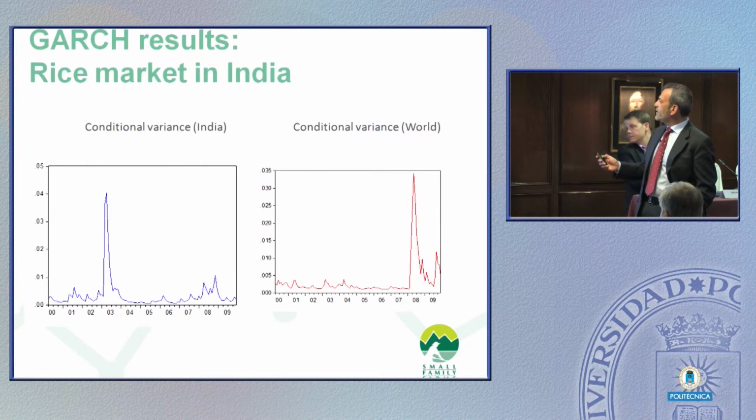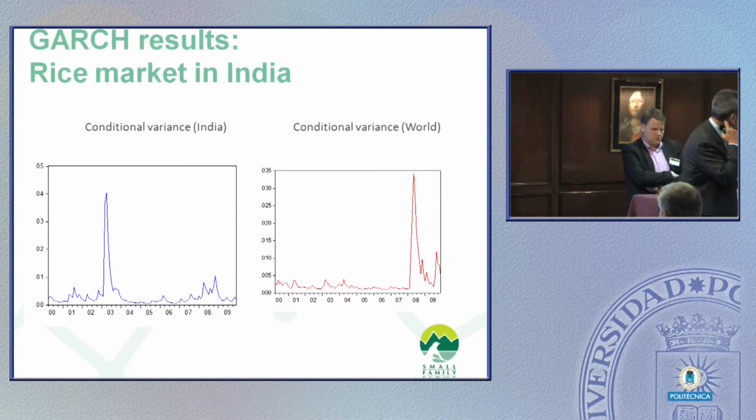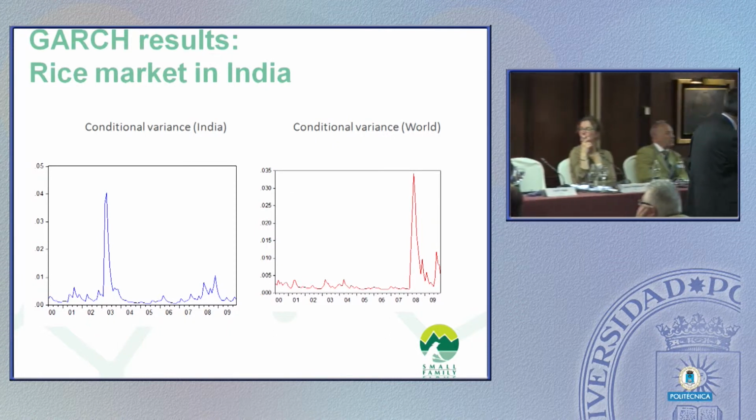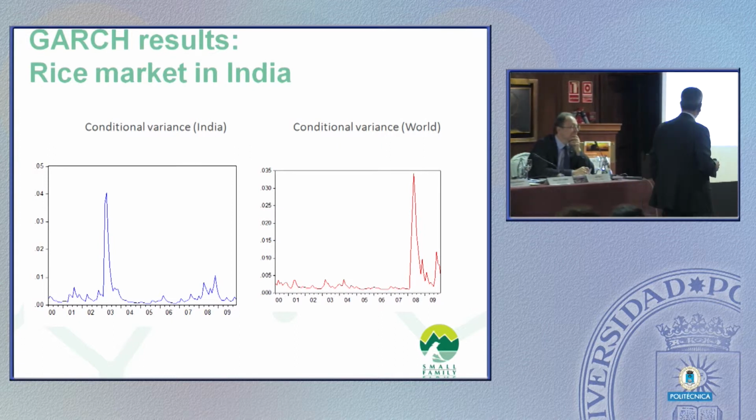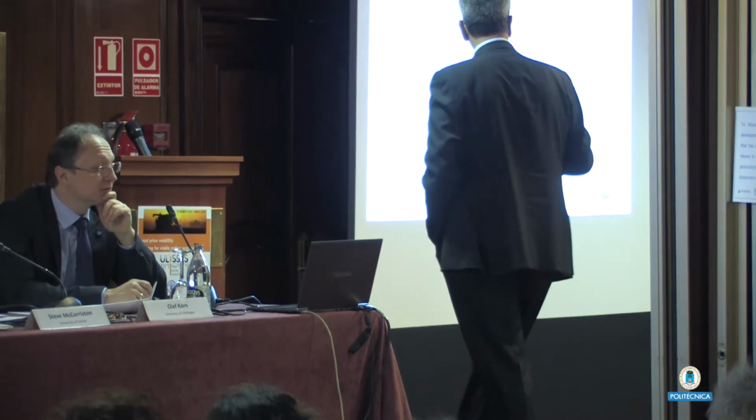I prefer to do India first. The blue line is the volatility in India, and the red line is the volatility in the world market. So you see that the world market is tranquil for years and years, and then we have the explosion.